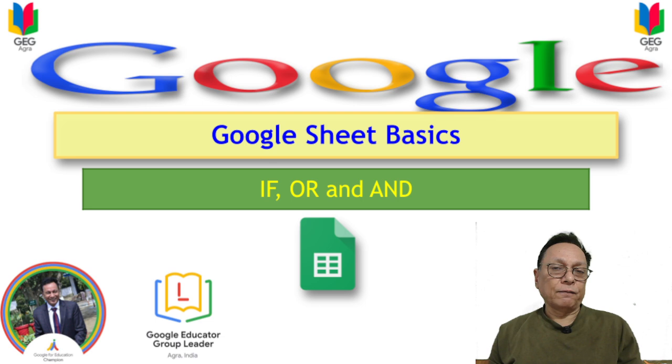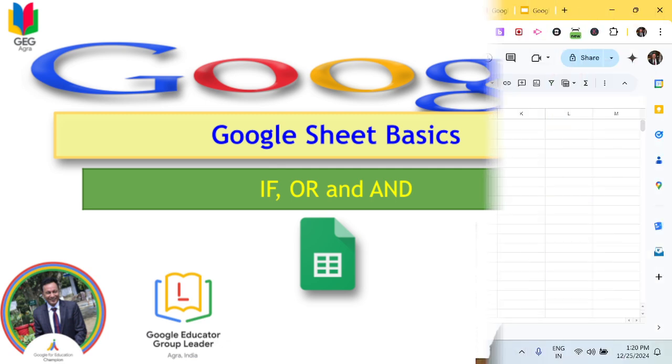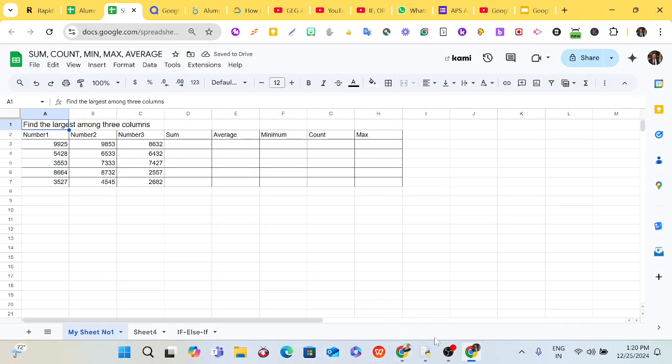So for that we are moving towards our Google Sheet. So here this is already a sheet which I have created for these functions like sum, count, minimum, average and maximum.